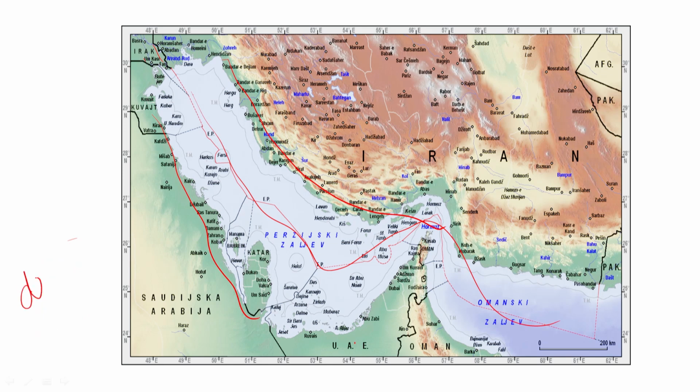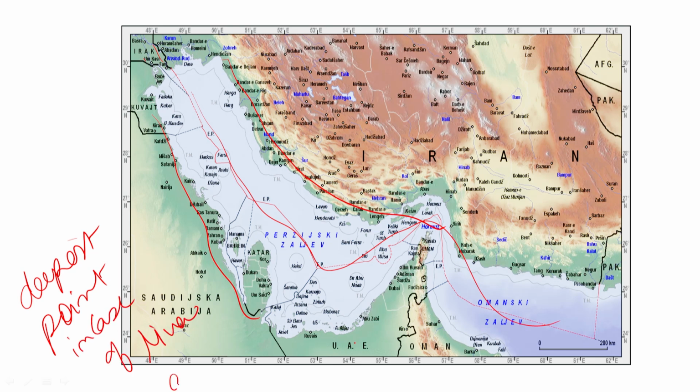Because although the river may keep on changing its course, it does not change the deepest point, in case of a river dividing two countries. All right, and this is one example.